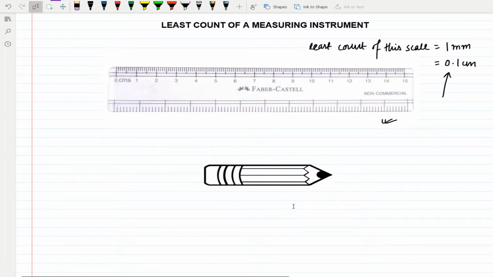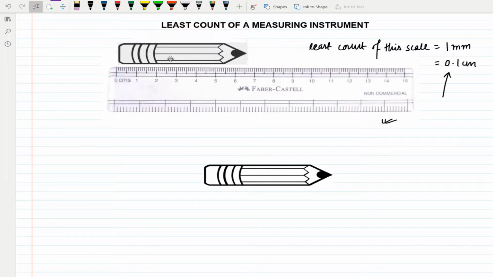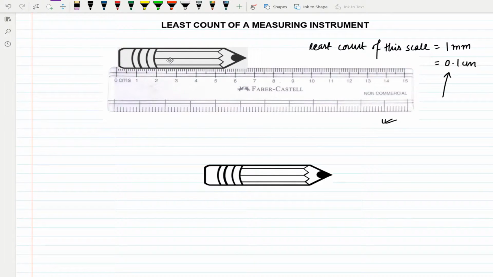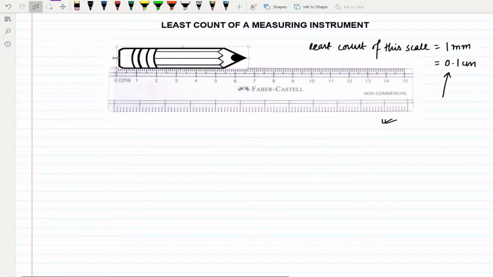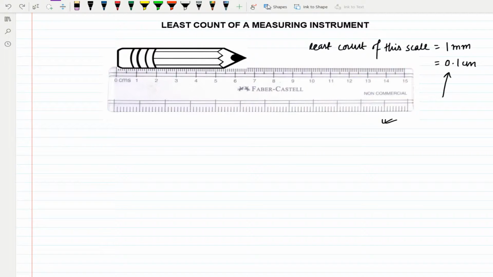Now suppose you are asked to find the length of this pencil. How will you proceed? You will take this pencil and try to place one end of it near the zero mark, and then you will see where exactly the other end falls.